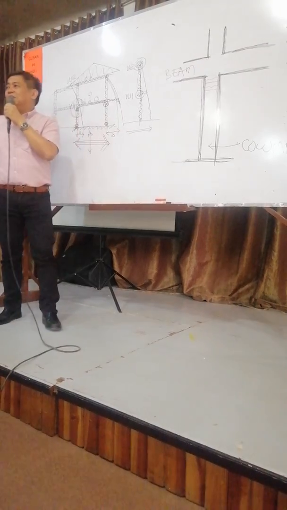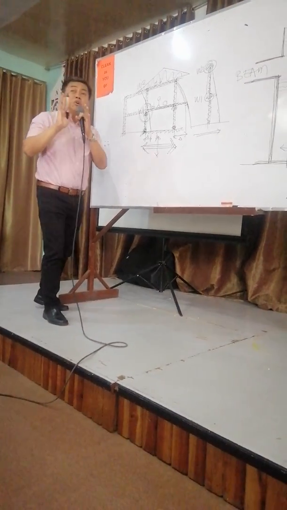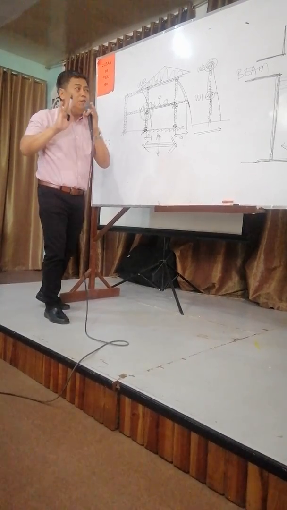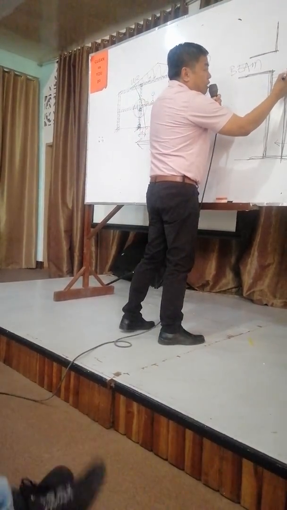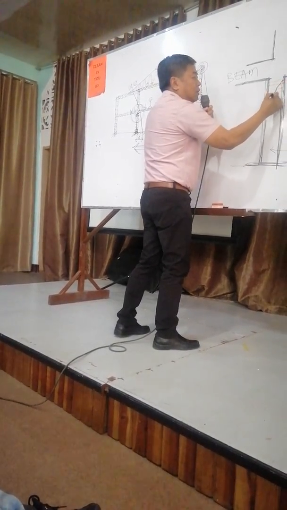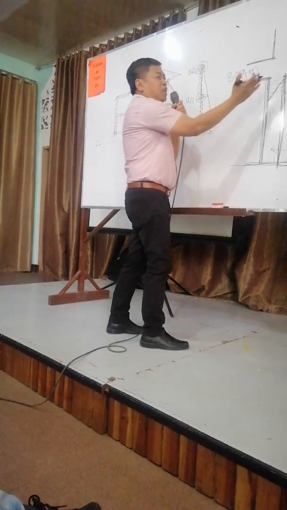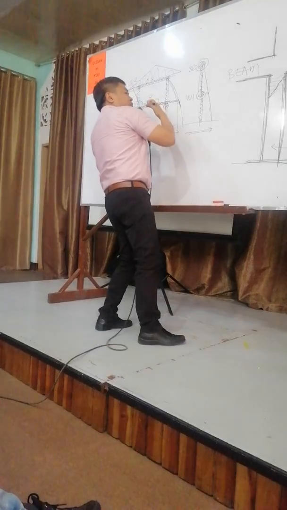Ganon. Okay? And if the earthquake is really stronger, there will be diagonal cracks. So if that is the direction of the diagonal cracks, that means to say the earthquake pulls this way.